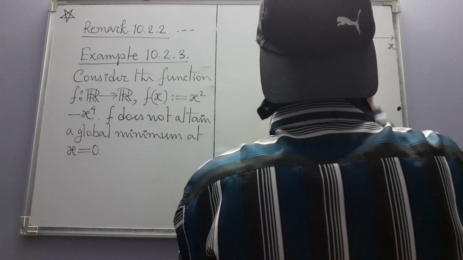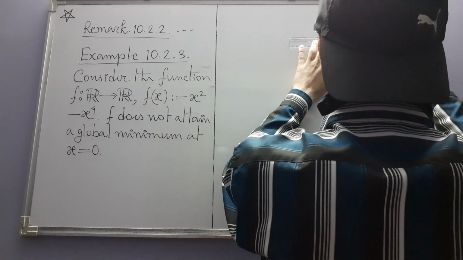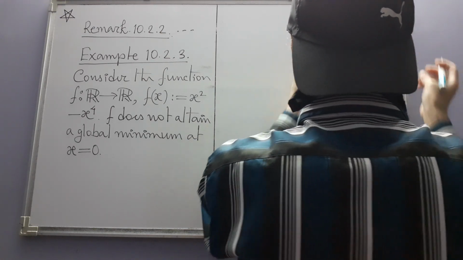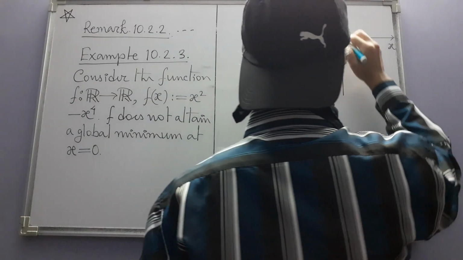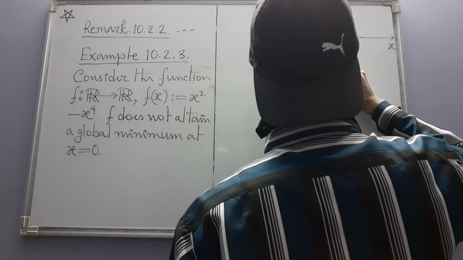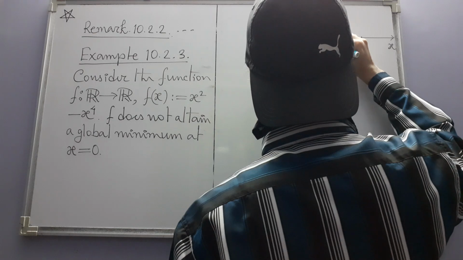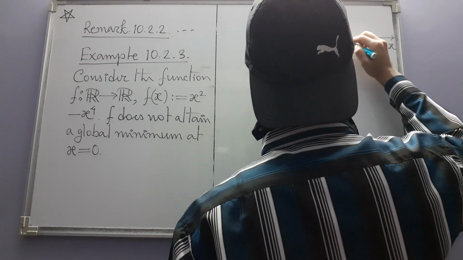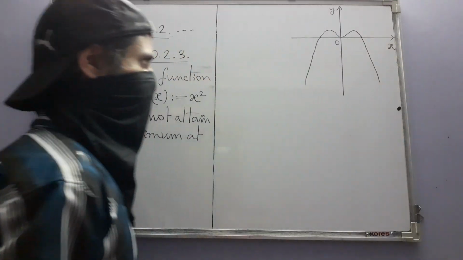X-axis, y-axis, this is your 0, and let us also locate say 1 and minus 1. And it goes like this. I mean, it comes up like this, and the shape is roughly like this.